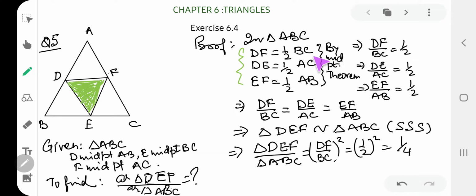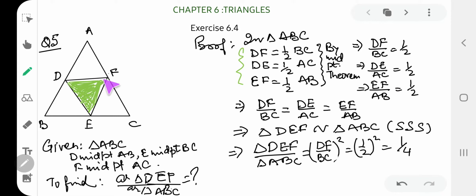Now, this implies DF by BC is half, DE by AC is half, EF by AB is half. So, let us see the sequence that we have got in this. DF, DE and EF all are in numerator.